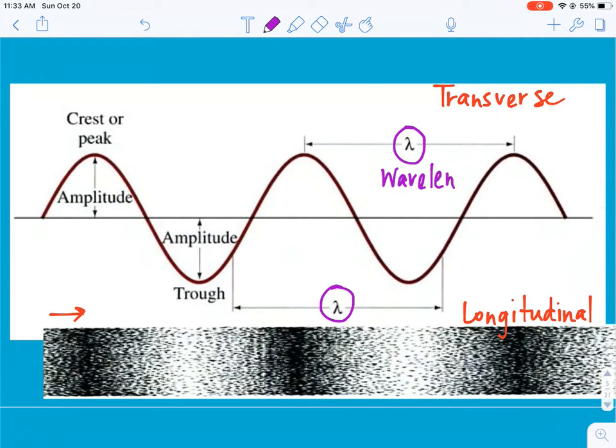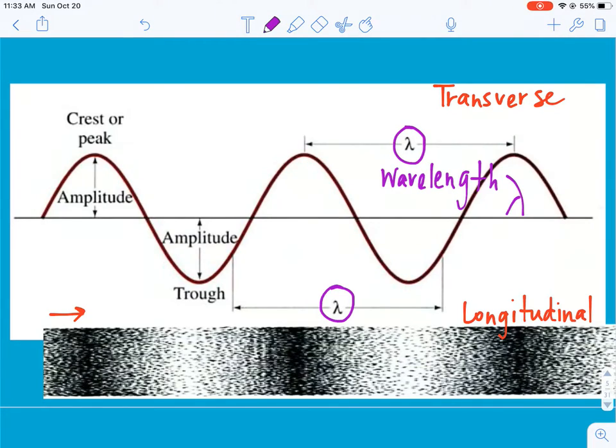And you'll see it as this lambda. I usually write it like that shape. This is something we'll calculate, draw, and talk about a lot because it determines a lot of important and interesting things. It's a distance, and it's the distance between two of the same points on a wave.